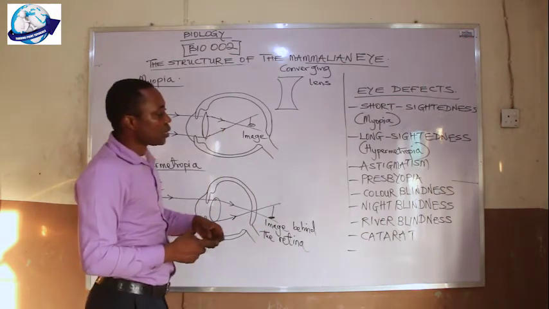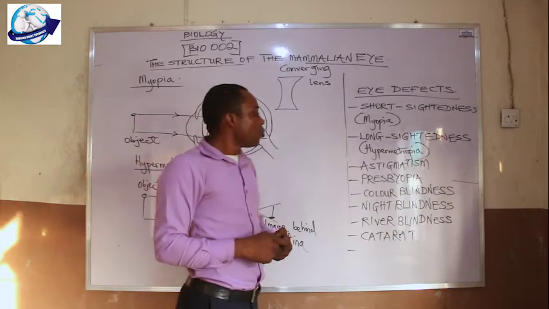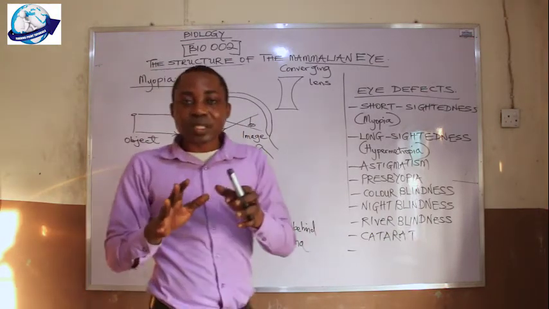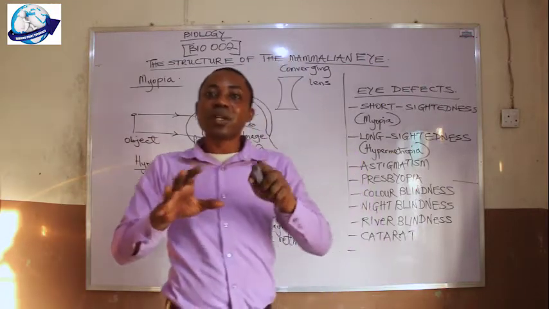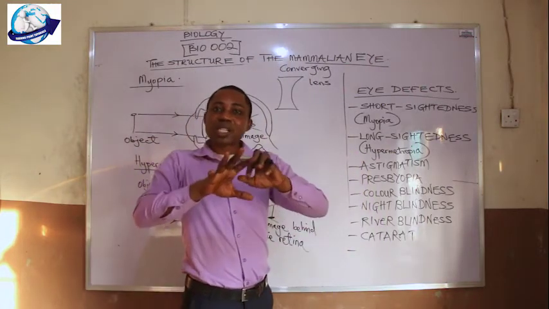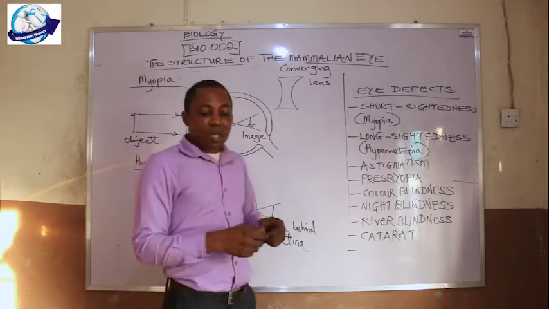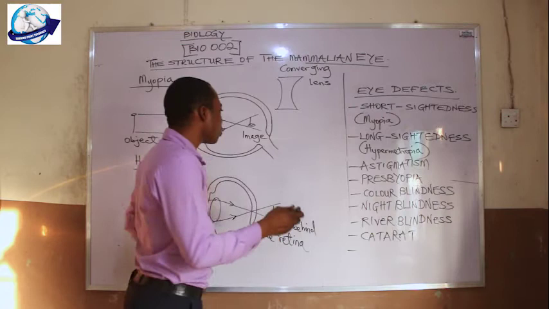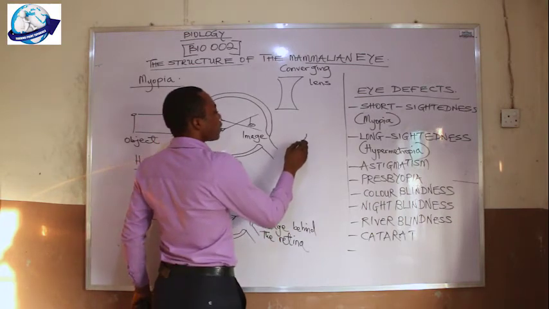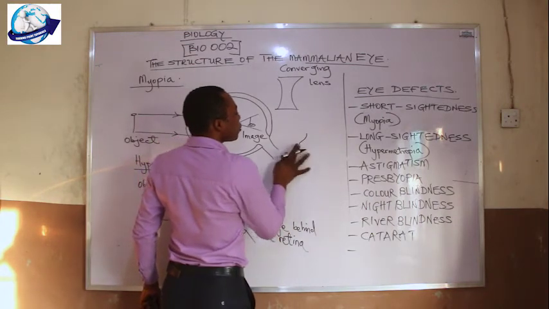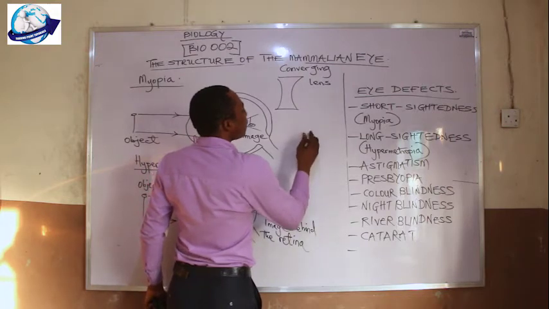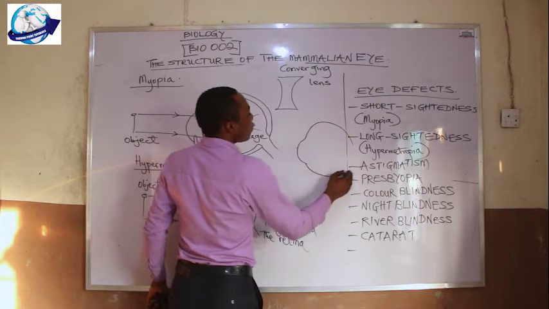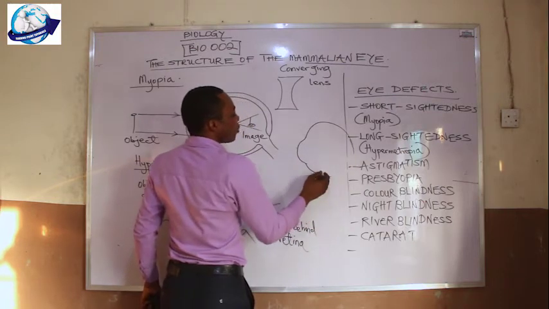Then the next one is astigmatism. This is an eye defect in which a person is not able to see the vertical or the horizontal lines clearly, or cannot see objects very well and they look as if they are scattered. This is because the cornea of the eye is too rough, and therefore there will be an uneven transmission of light rays.